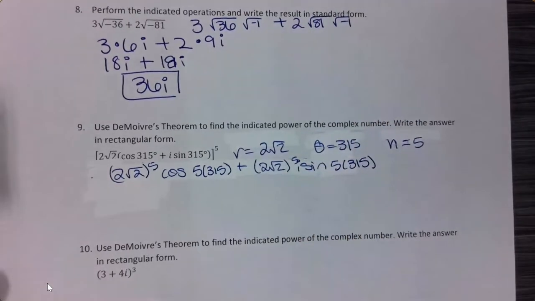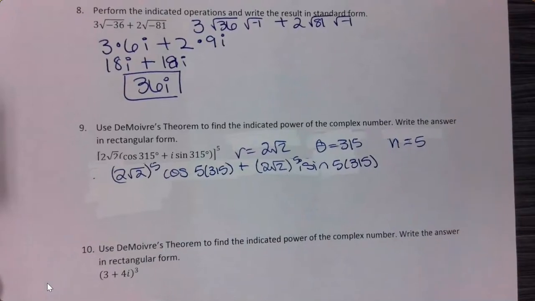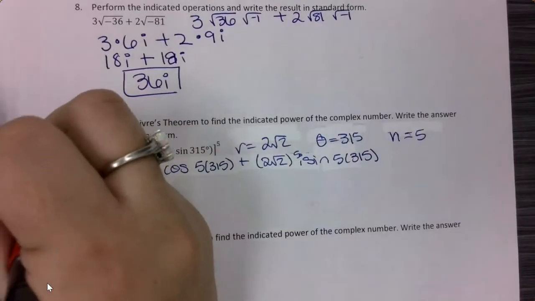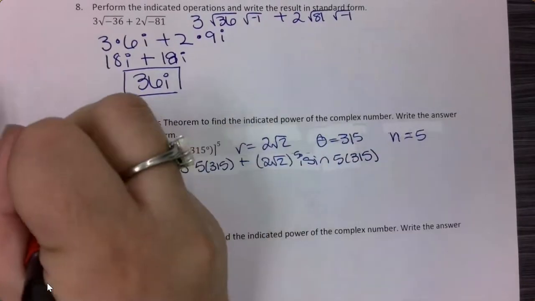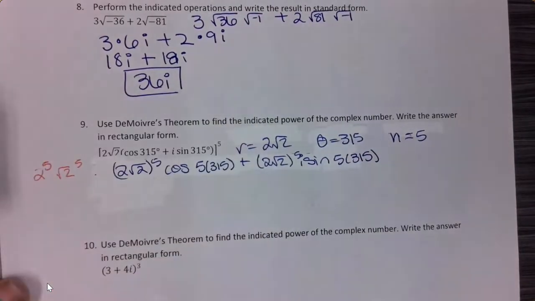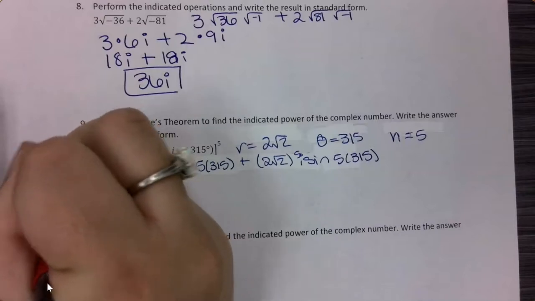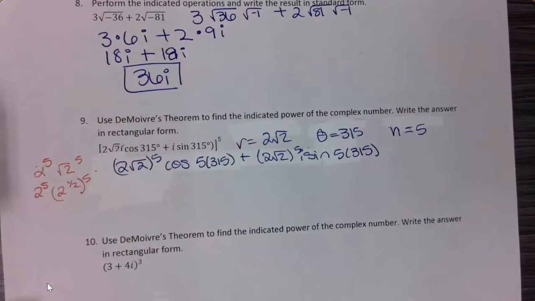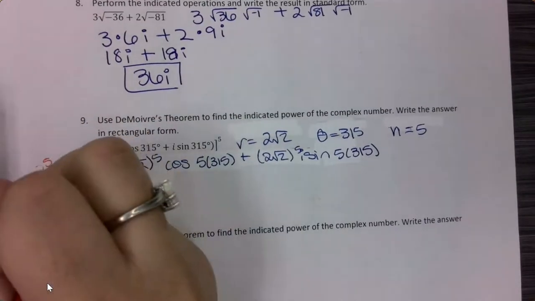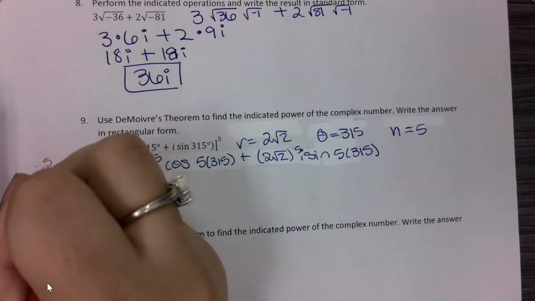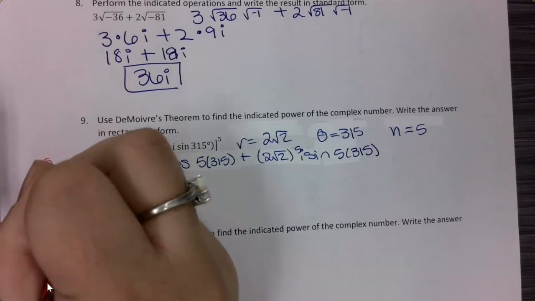So I want to figure out what 2 square root of 2 to the 5th power is. I can break this up into 2 parts. I can have 2 to the 5th, and then I'm also going to have square root of 2 raised to the 5th power. I can rewrite the square root of 2 as 2 to the 1/2 to the 5th power. So this is 2 to the 5th times 2 to the 5/2.